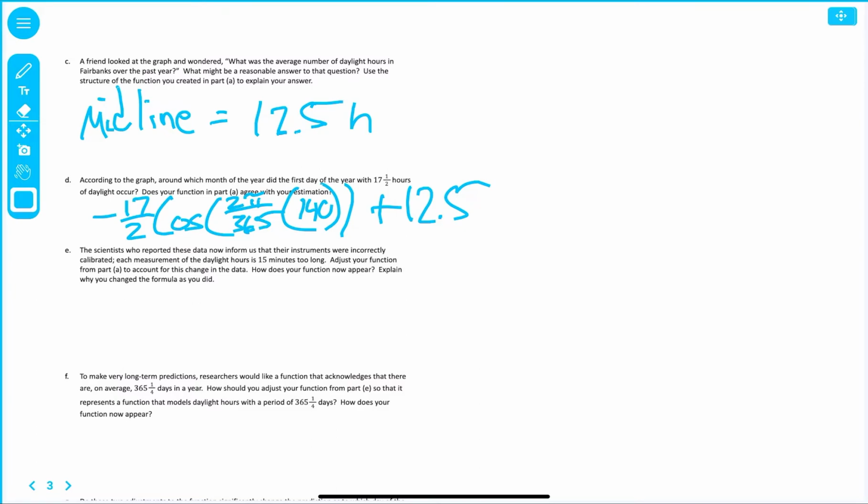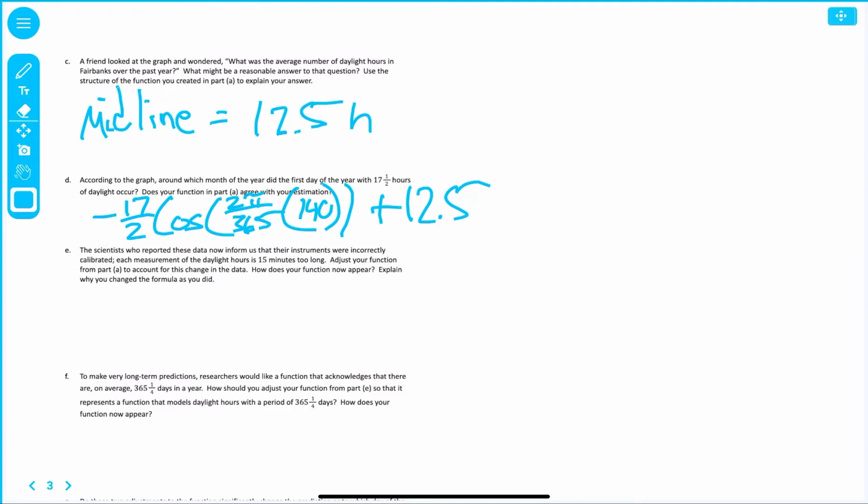What did you do for pi? Did you plug in 180? 140. Oh, pi? No, I just did it as pi. You just did it as pi? But it's weird. It starts with negative 1.70 and then minus 17 over 2.